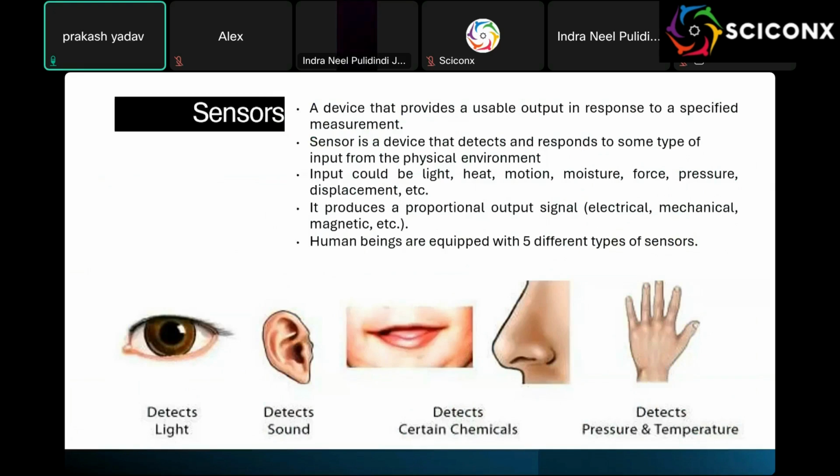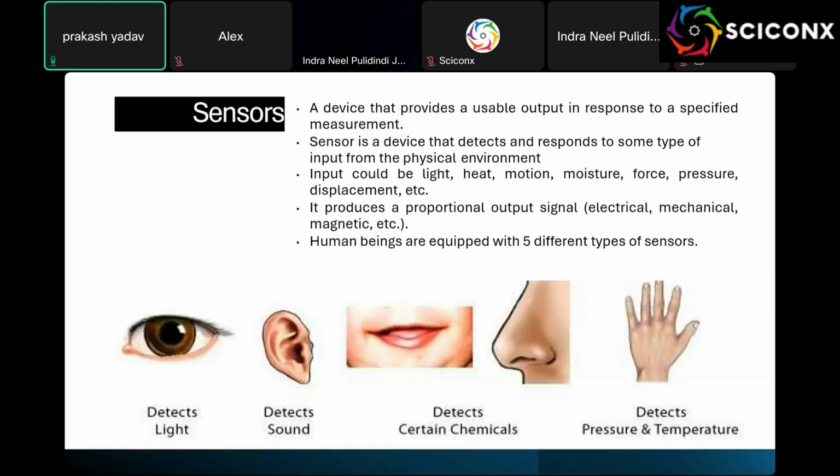We know that humans have five different types of sensors. We have eyes that detect light, ears that detect sound intensity, low and high, a tongue that tests chemicals and materials, a nose that smells chemicals and other things, and skin that detects pressure and temperature.